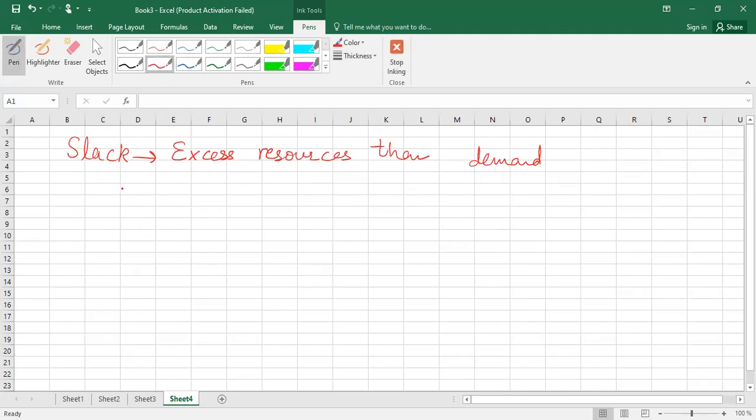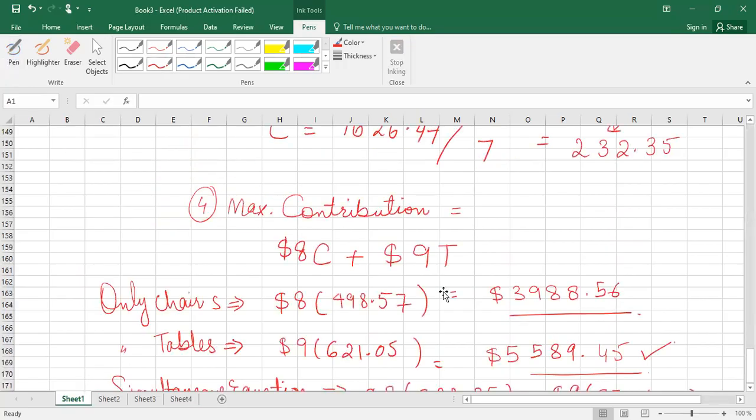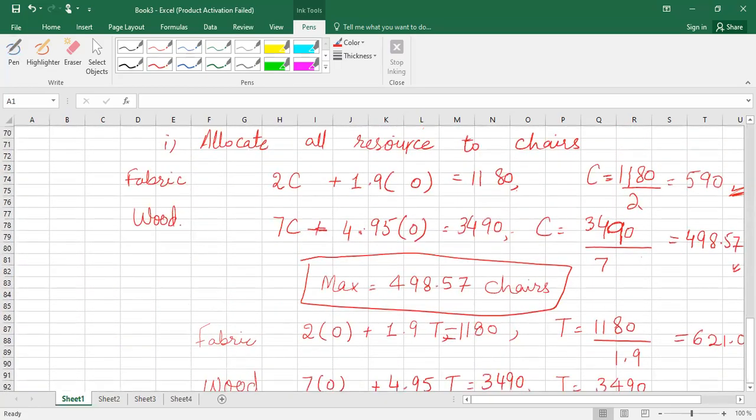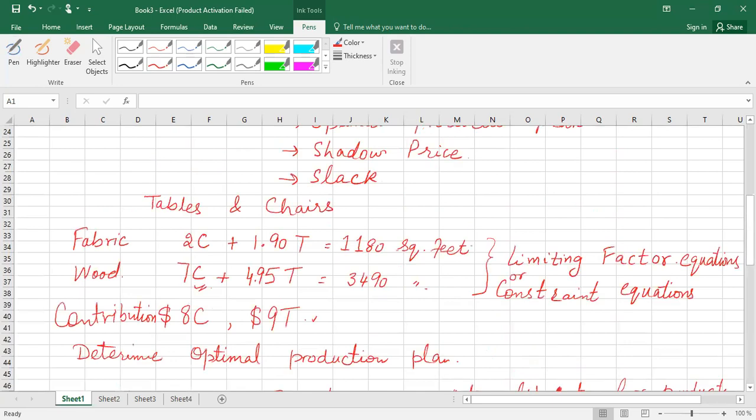Here we say that the equations are the same. 2C plus 1.9T is equal to 1180, and 7C plus 4.95T is equal to 3495. These are the basic two equations.